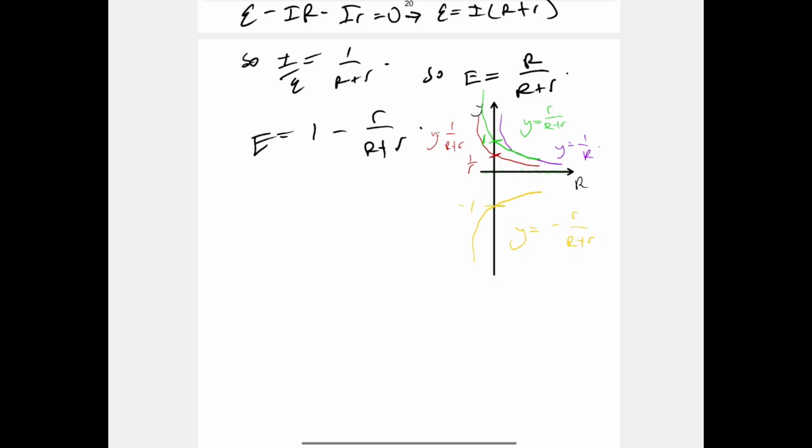So this is going to be minus 1. We reflect it in the x-axis. And then if we add 1 to it, this is what we get.